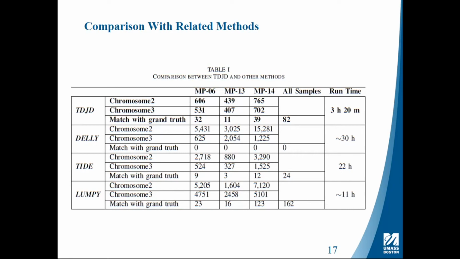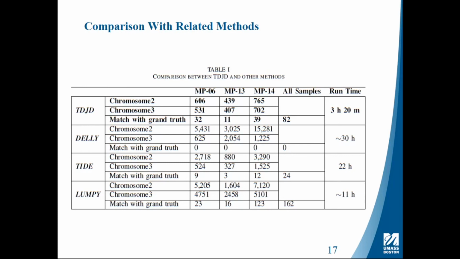We compared the performance of our method with other related methods. You can see that the first row is our method, and for MP6, MP13, and MP14 we discovered SVs. In all samples our method discovered 82 SVs, compared to Delly, which does not recognize anything.